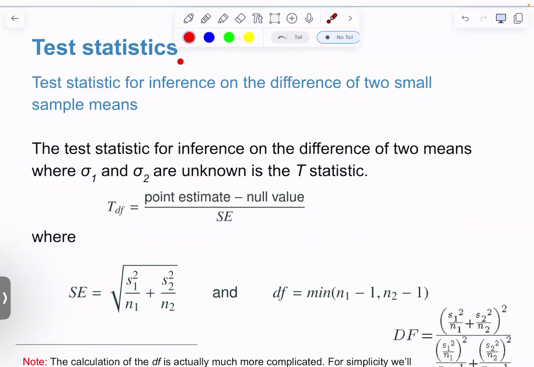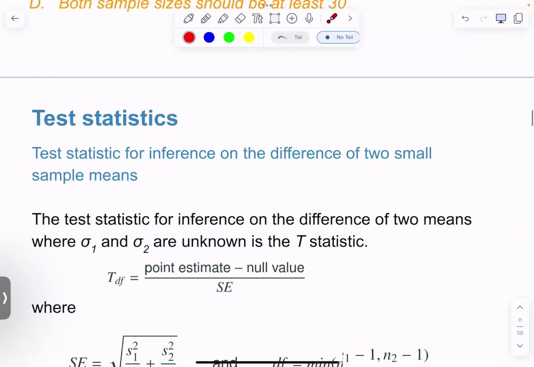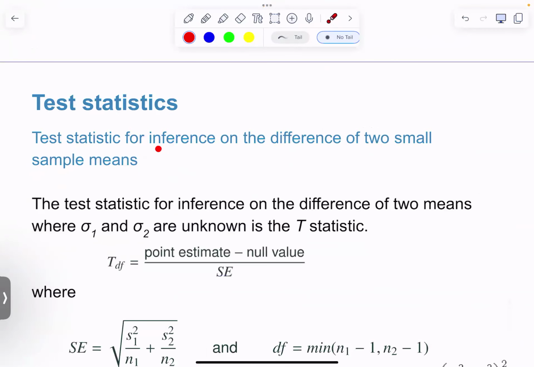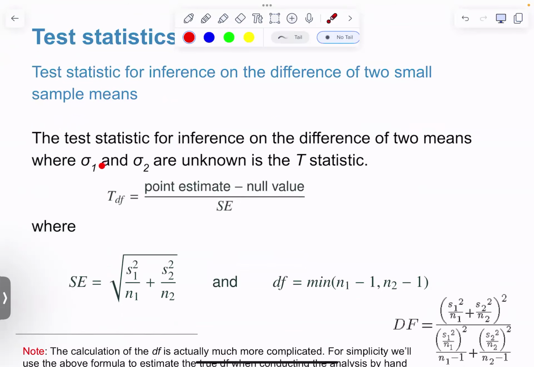As we've seen on your formula sheet, but I wanted to bring it in because I went and hunted down the actual degrees of freedom formula, just in case you're interested. And so if we have two sample means, then we calculate a t, and the t is a test statistic, and all test statistics have the same layout.